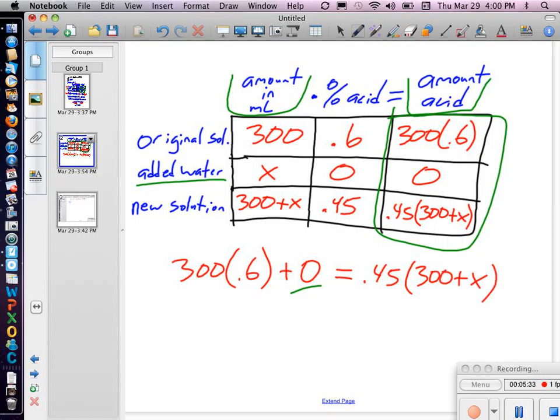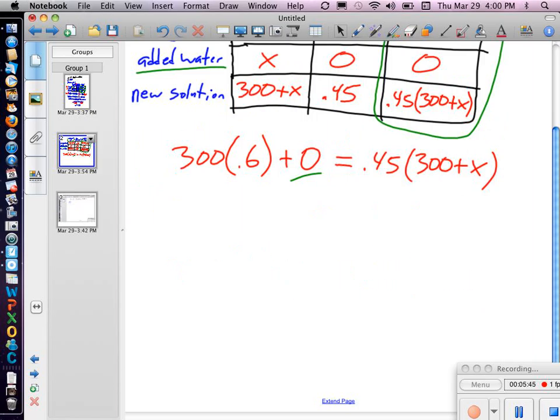Okay, so we have the amount of acid in the original plus the amount of acid that we're adding is going to equal the amount of acid in the new. And you can see all the calculations in the example in the book. So I'm not going to go through that to save time. You could just do the exact steps that they have in the book in example 2.